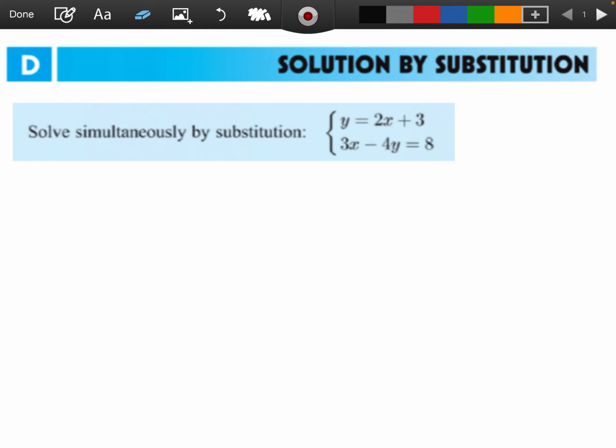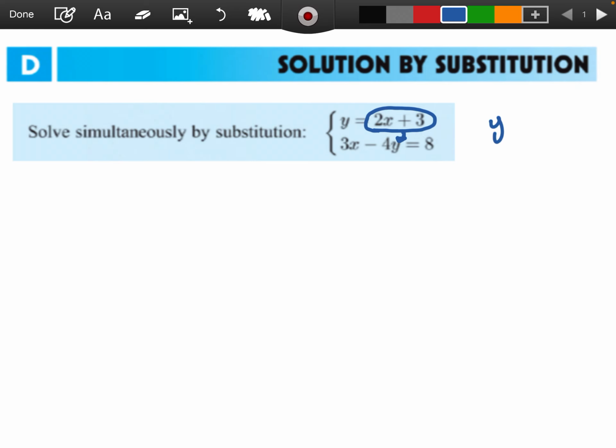To substitute something, you replace one thing with another. So what we're going to do in this type of question is take what y is equal to in the equation that's written as y equals, and substitute it where we see y in the other equation, which is kind of like what we were doing anyway.